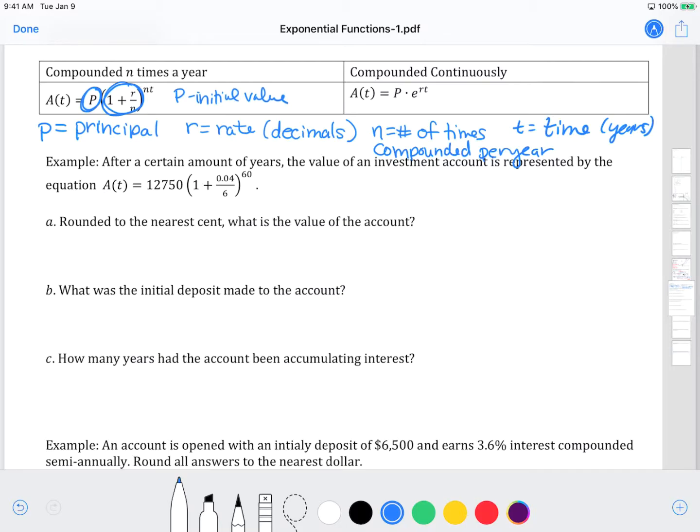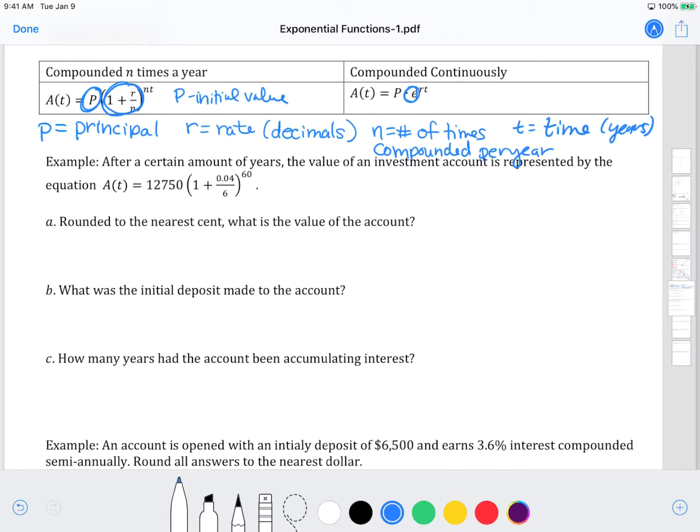That's the base of my exponential function, which is why it's related to the rate that's given. For compounded continuously, notice that we have e in the formula. So if you're using the compound interest formula, you want to use that e function on your calculator.